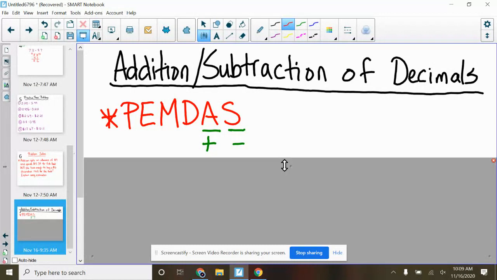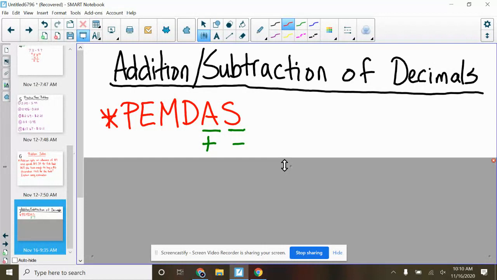Because you get so deep into these problems that you think, oh, the A is in front, I have to add before I subtract. No. I will tell you, really the only reason why they put the A in front of the S is because it made a word. If you put the S in front of the A, it wouldn't really necessarily make a word that you could kind of tell kids, oh, remember this word.